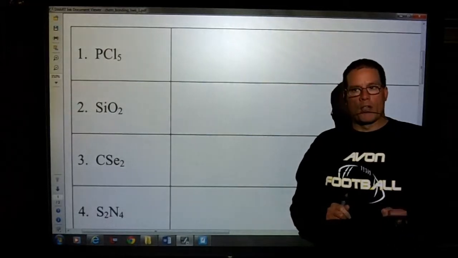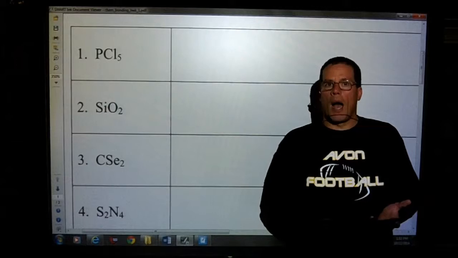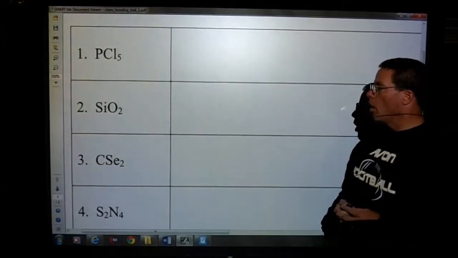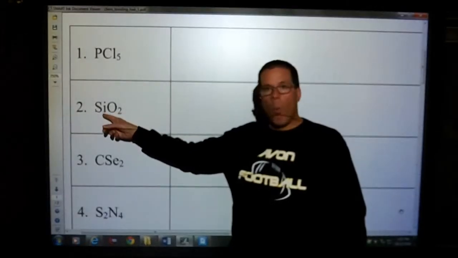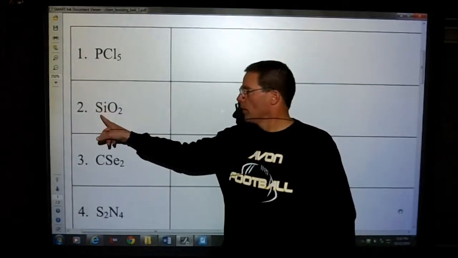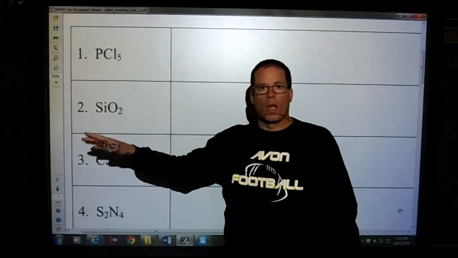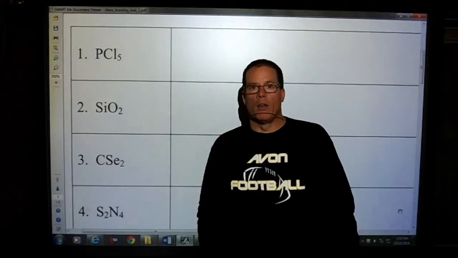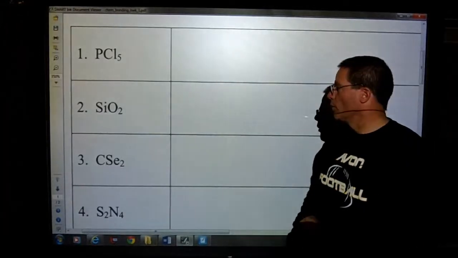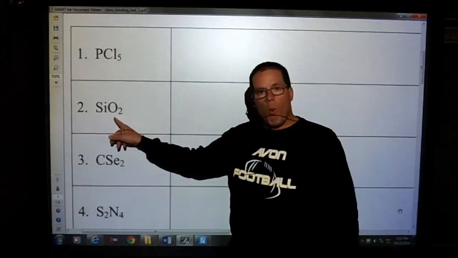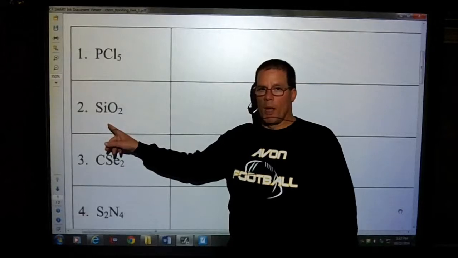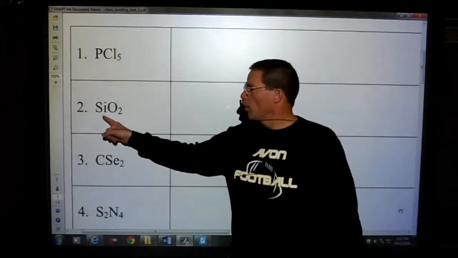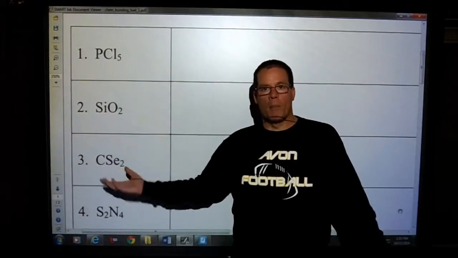And we will be changing the second nonmetal to an "ide" for these molecular compounds. Also recall that if you only have one of the first nonmetal, we do not use the Greek prefix mono on the first element. But you can use all the Greek prefixes on the other ones. If you only have one of the second element, you must use mono. So we still use the Greek prefixes on all of the elements, except on the first one, if there's only one, you don't say mono.